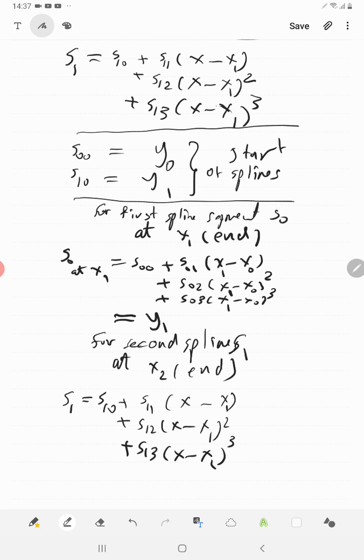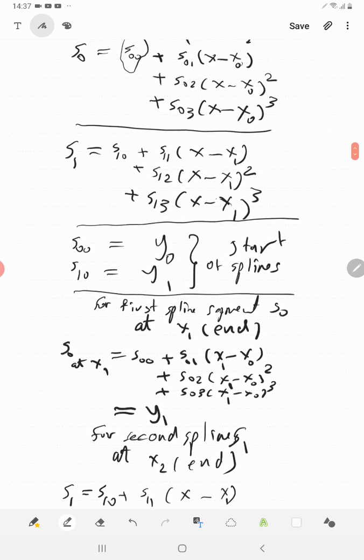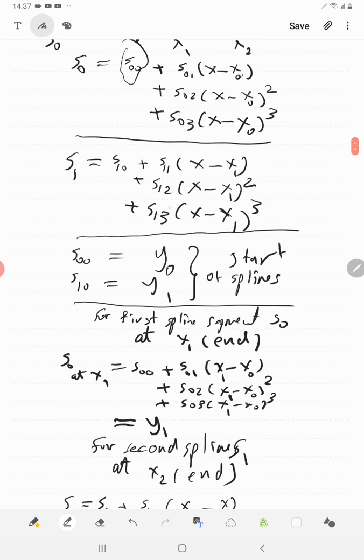Now this is S1 evaluated at the end. Here we have evaluated at the start, right? y0 and y1.